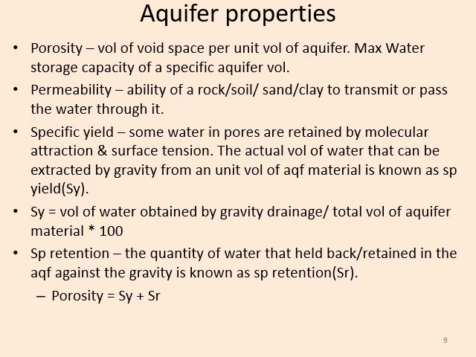If we combine both quantities, we get the total volume of water stored in a unit volume of aquifer, and it is known as porosity. So at the bottom it is written as porosity equals specific yield plus specific retention.